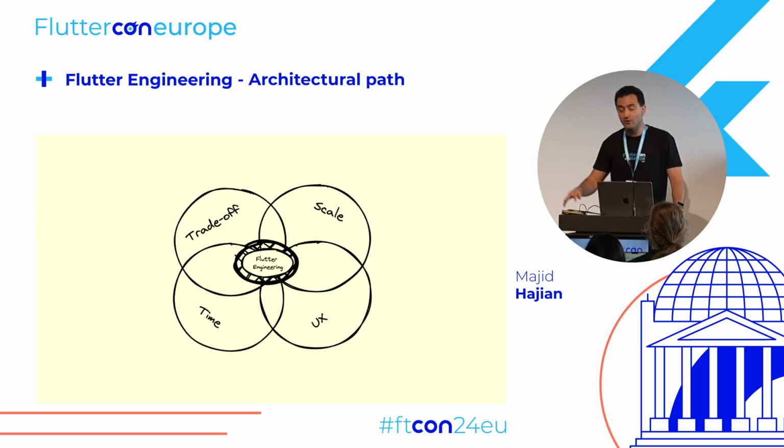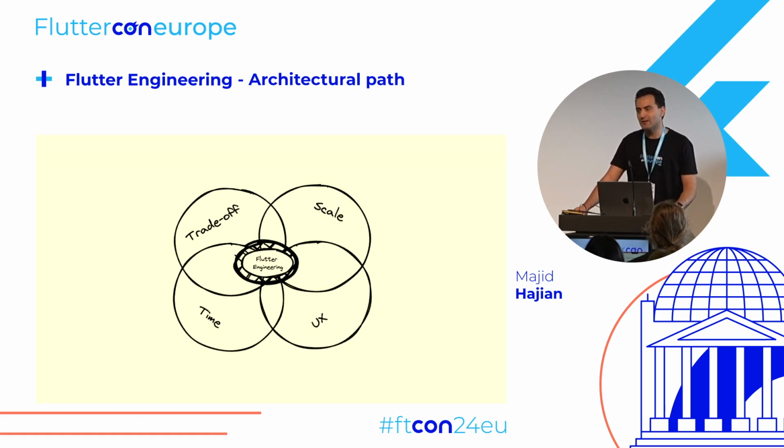And one of the things that applies to any software engineering is the trade-off. We get to this part a bit more after some slides, but I just wanted to point out the pillars.